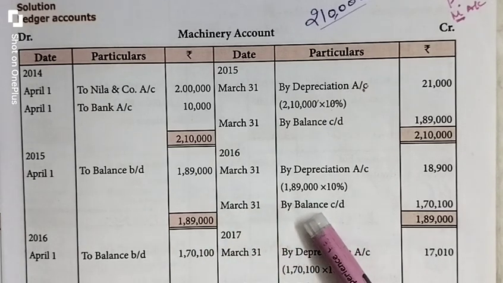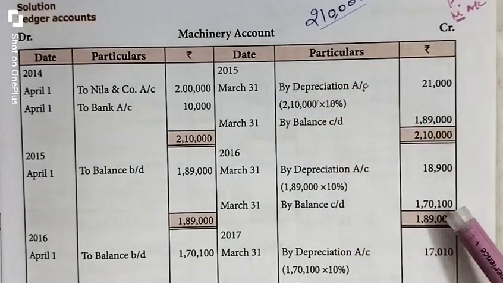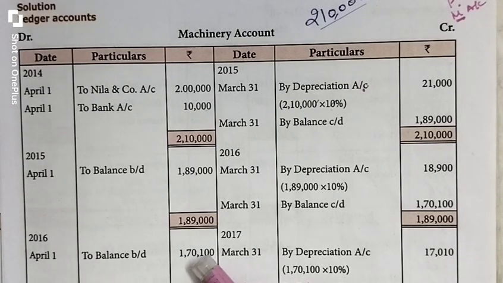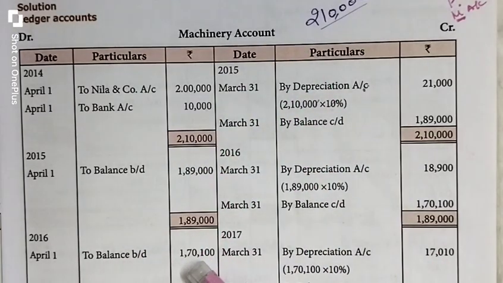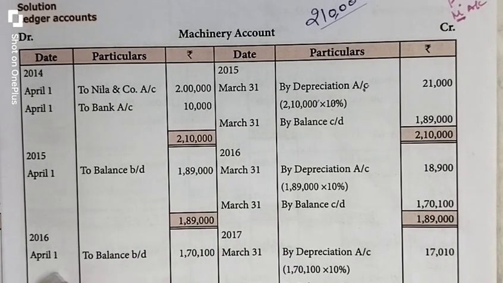This is the closing balance of the machinery account, amount 1,70,100. Then you bring that 1,70,100 down to the opposite side and enter it below the total. Against this amount you write to balance brought down. This is the opening balance of the machinery account, rupees 1,70,100. In the date column, you enter the next day from March 31st, 2016. The next day from March 31st is April 1, 2016.